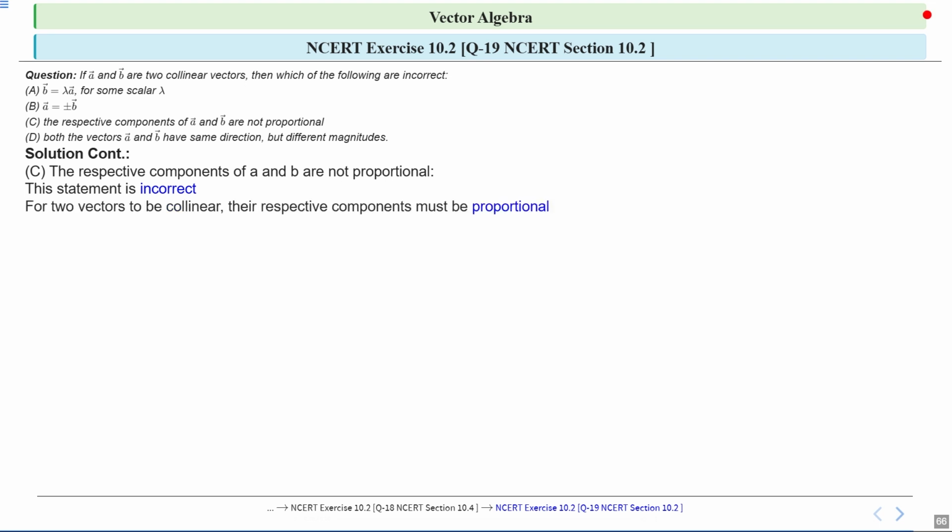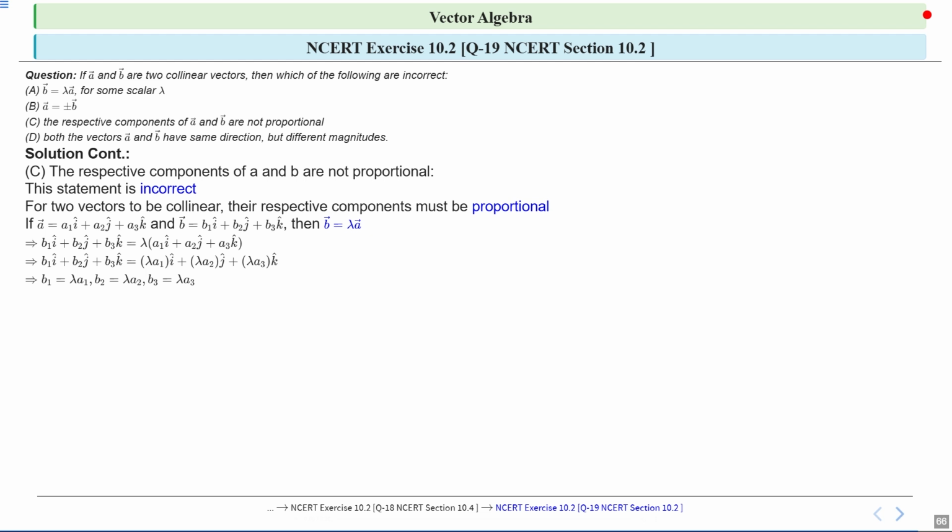For two vectors to be collinear, their respective components must be proportional. Now, if A vector is equal to A1 i cap plus A2 j cap plus A3 k cap, and B vector is equal to B1 i cap plus B2 j cap plus B3 k cap, then B vector is equal to lambda A vector. So B1 i cap plus B2 j cap plus B3 k cap will be equal to lambda A1 i cap plus lambda A2 j cap plus lambda A3 k cap.